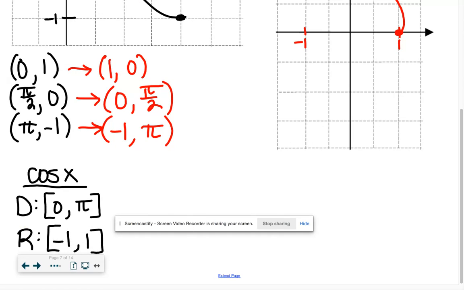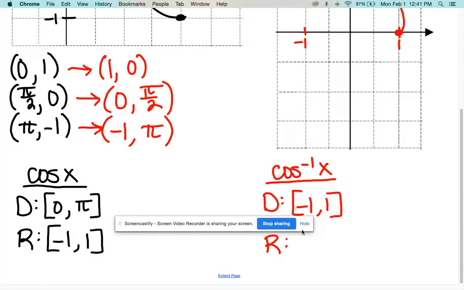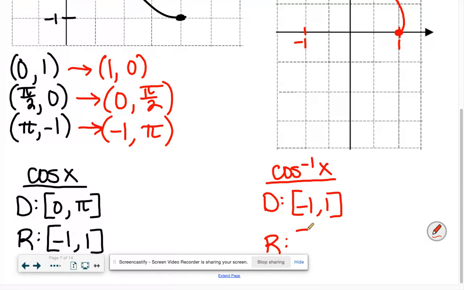That's for the black graph up there. The inverse cosine graph will have the exact same domain and range, but they will be flipped. So the domain will be -1 to 1, which is just like inverse sine, by the way, and the range will be 0 to pi.